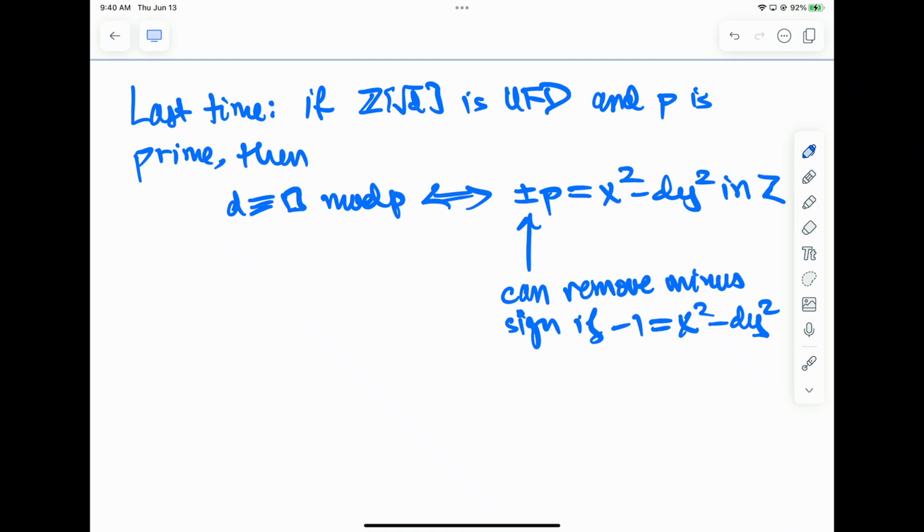Of course, if d is a negative number, the right side is positive, and so the left side could only be p, but I'm saying if d is a positive number, there is a sufficient condition to avoid the minus sign if you don't like it: if you can write −1 in this form. Okay. So this statement, the equivalence here, has nothing to do with quadratic reciprocity.